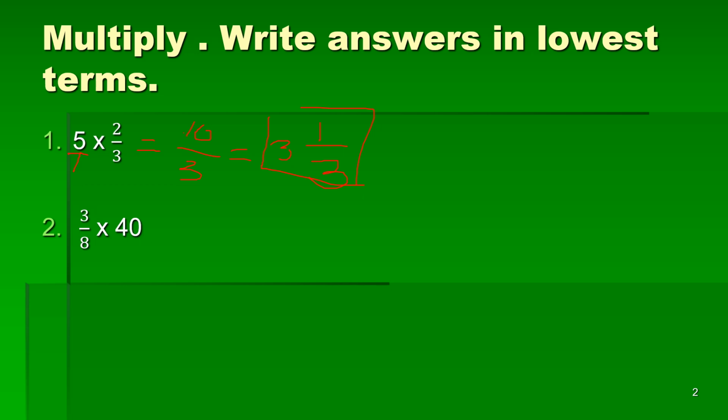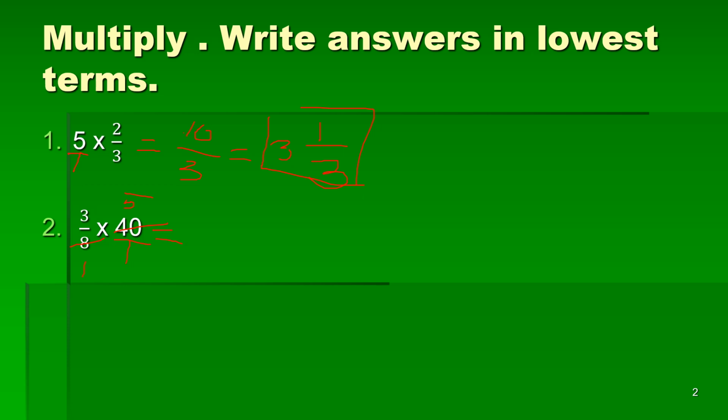Next, we have 3/8 times 40. So the denominator of 40 is 1. So we can cross multiply in the cross product. We have 40 divided by 8. Yeah, 8 divided by 8 is 1. 40 divided by 8 is 5.